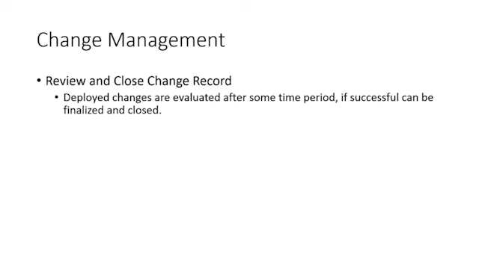Have a remediation plan in place, just in case, right? It's always better to be safe than sorry. You hope for the best and prepare for the worst. So we'll review and close the change record. Everything has been changed. We close it out, and then we can finalize that change.